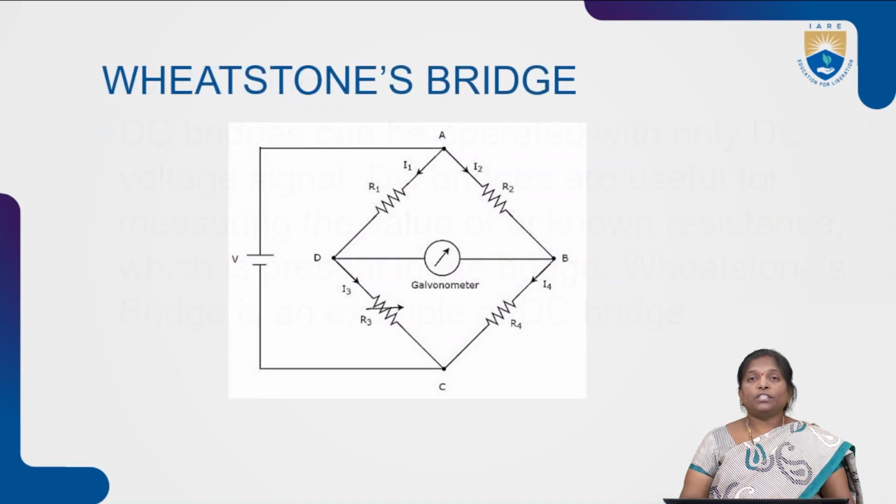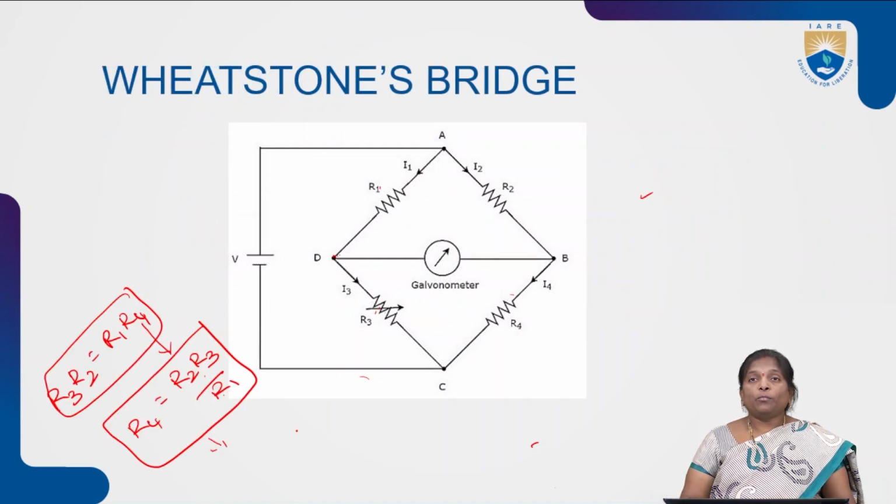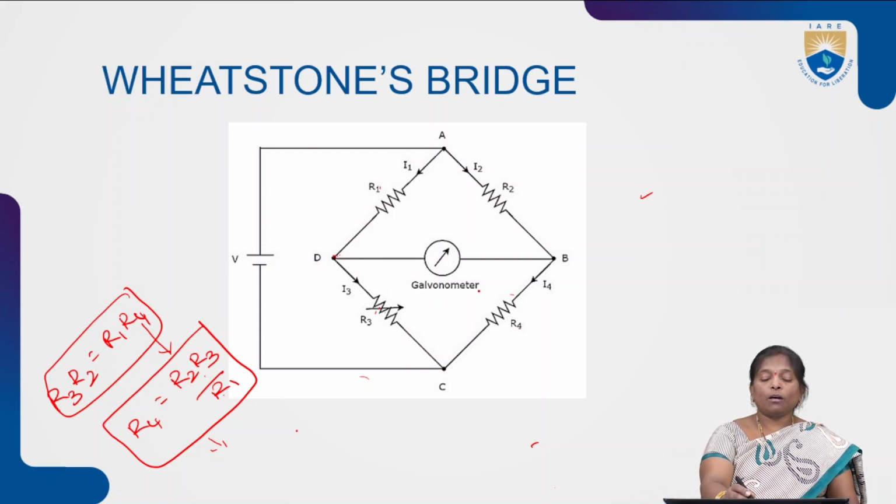Coming to the DC bridges, we are studying this Wheatstone bridge. This Wheatstone bridge is used to measure unknown resistance. Only moderate values of resistance can be measured with the help of the Wheatstone bridge. This is the balanced Wheatstone bridge. If the bridge is in the balanced condition, among the four arms, only one arm is unknown.